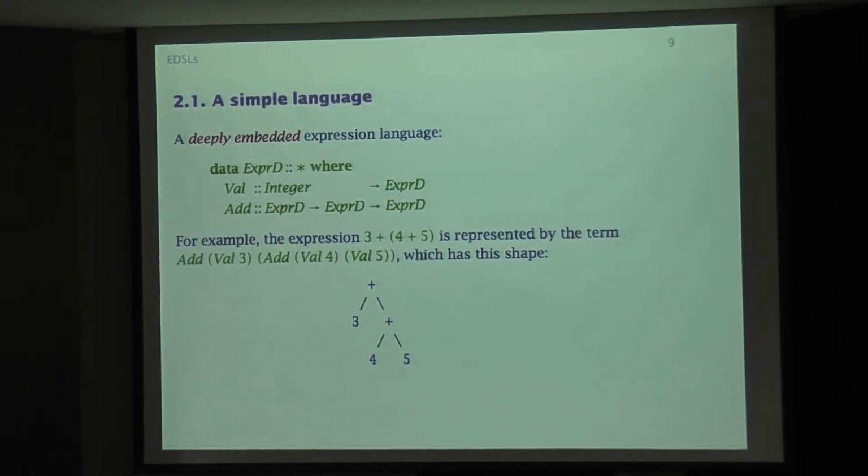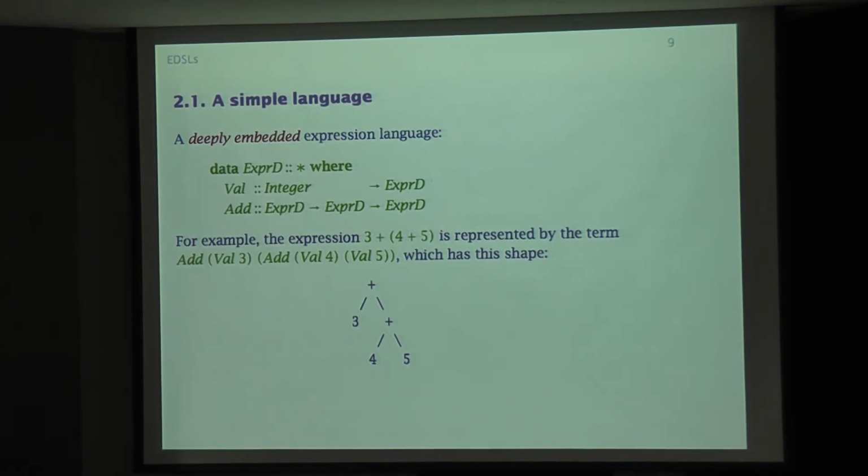So here's a DSL. It's a very simple DSL, and it's an embedded one. So it corresponds to an algebraic data type in Haskell. So my language is for arithmetic expressions. And they're very simple arithmetic expressions.